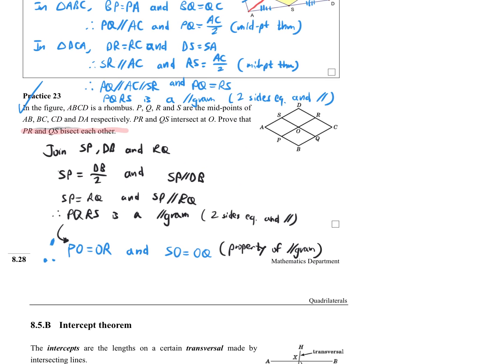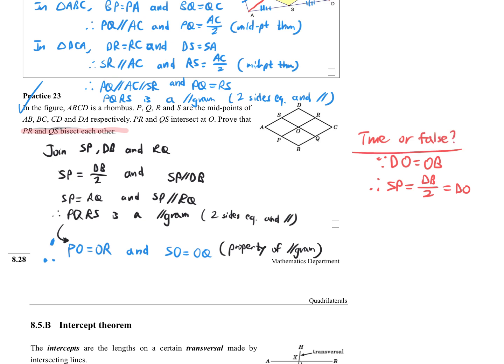So, two questions for you to think about. Some student claims that because DO equals OB, therefore SP equals half of DB equals DO. True or false?